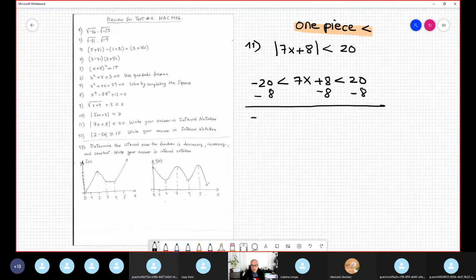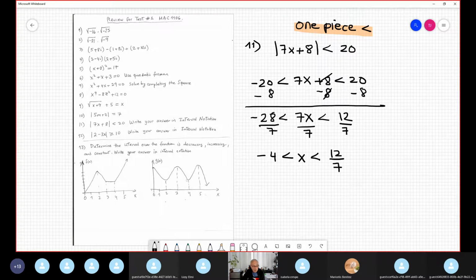And this is minus 28. This is 7x. This cancels out. That was the intention. And this is 12. Now finally, divided by 7. Divided by 7. Divided by 7. So negative 4 less than x less than 12 over 7.